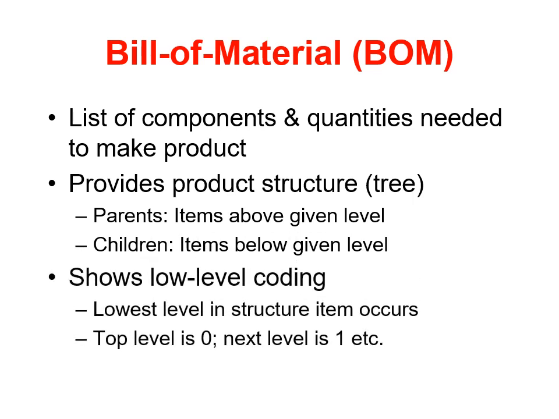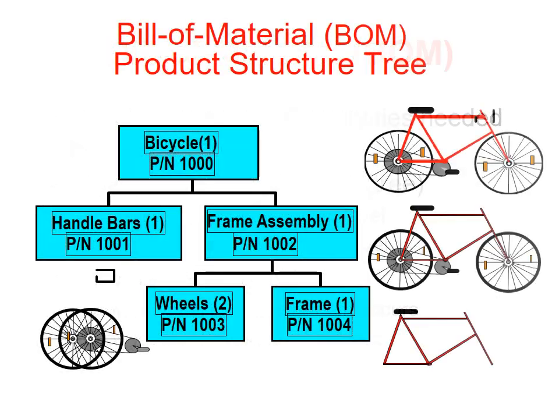It shows low level coding, which means the lowest level in the structure where an item occurs. Top level is 0, next level is 1, and so on. This is an example of a bill of materials for a bicycle, the components needed to produce 1 bicycle.